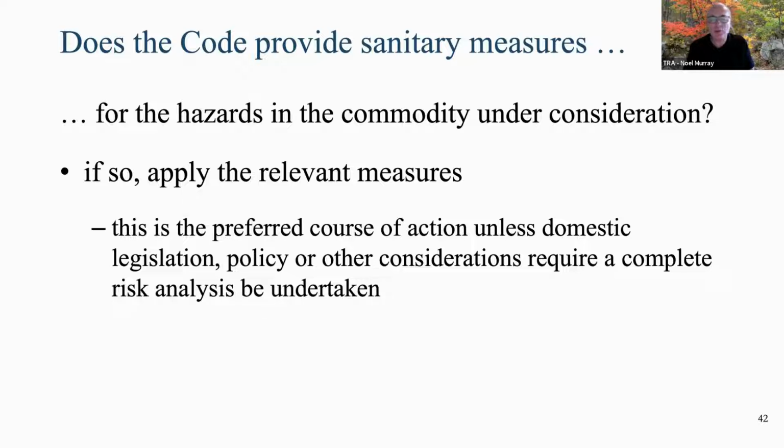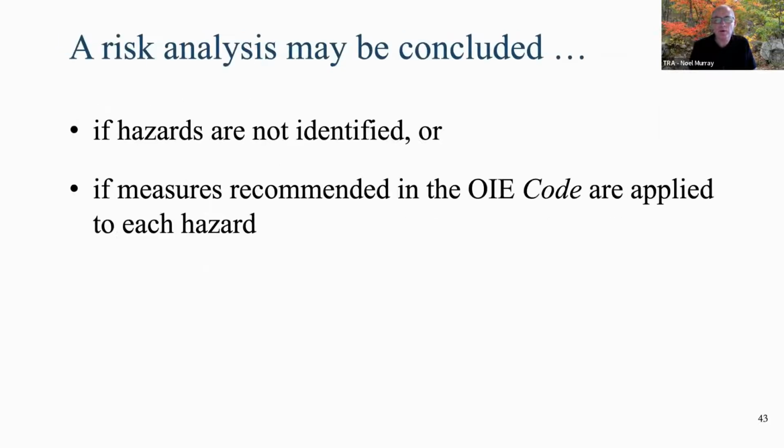This, of course, is the preferred course of action unless perhaps domestic legislation, policy, or other considerations require a more complete analysis to be undertaken. And at this stage, an analysis may be concluded if we haven't actually identified any hazards, or if the measures recommended in the code are applied to each of the hazards that we've identified.